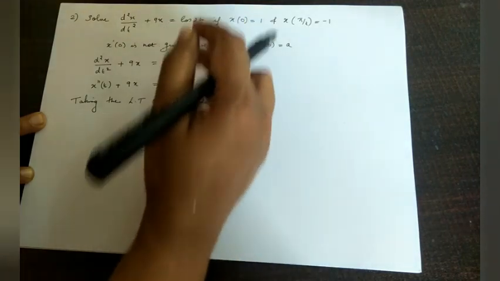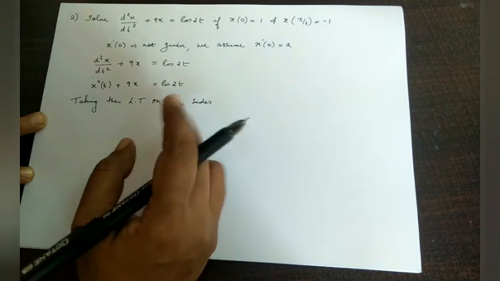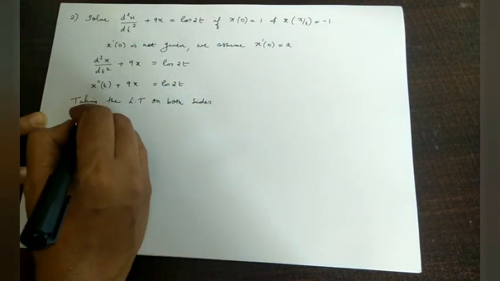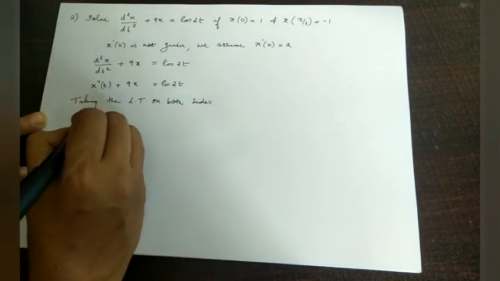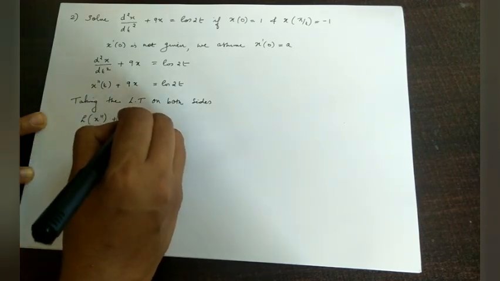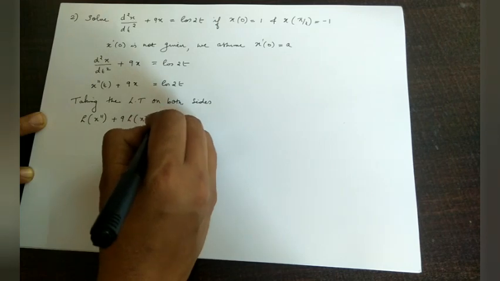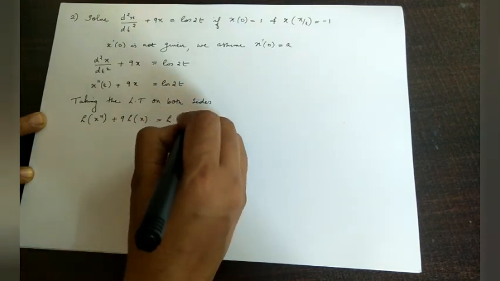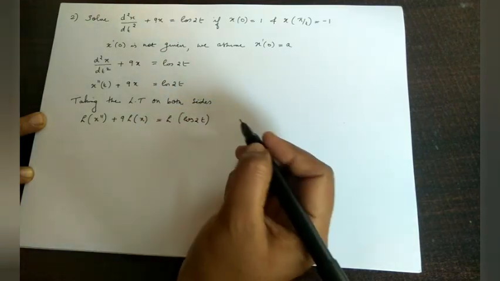The procedure of the problem is the same as the procedure in the previous case. Take the Laplace transform of x double dash plus 9 times the Laplace transform of x, equal to the Laplace transform of cos 2t.